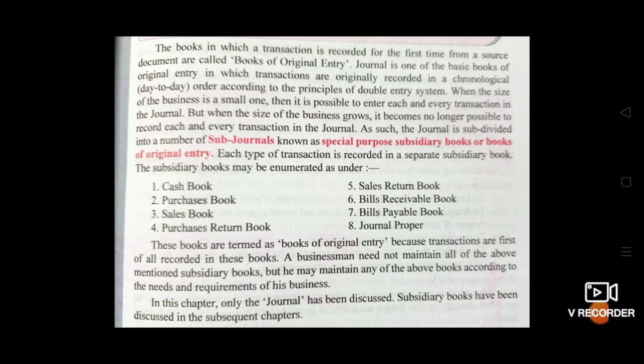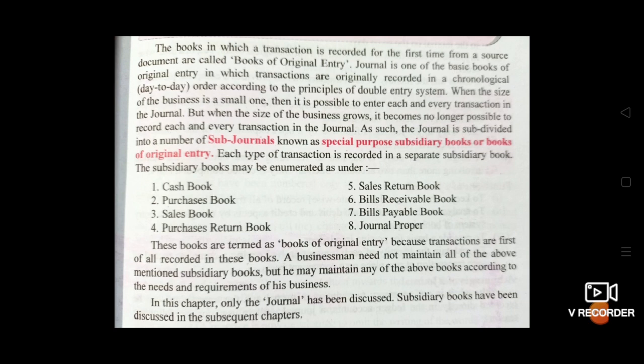The names of the subsidiary books are given here: cash book, purchase book, sales book, purchase return book, sales return book, bills receivable book, bills payable book, and journal proper. All these books are known as books of original entry because all transactions are first recorded in these books and then posted to the ledger, which is the next main and important book of accounting.